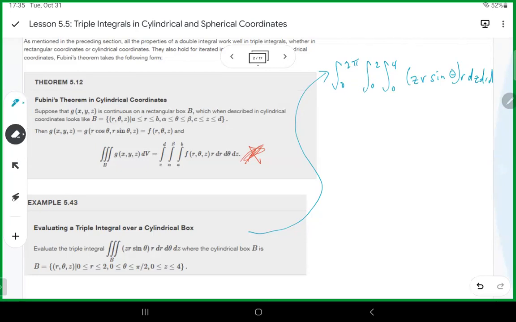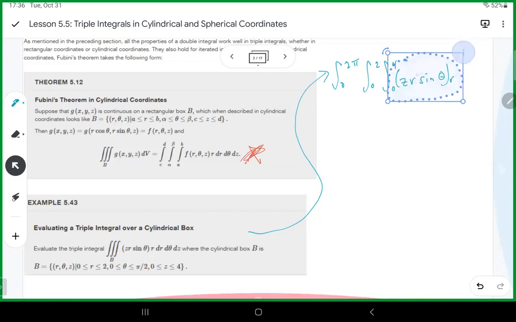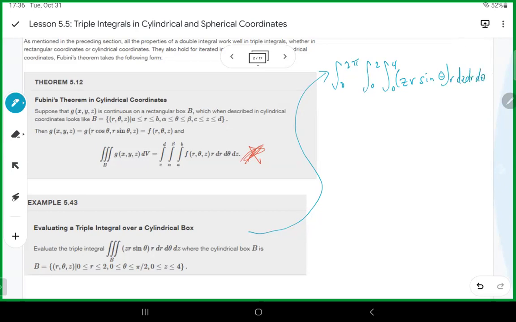Try to squeeze that in for you. That's dz dr d theta. So now we're going to split everything apart.